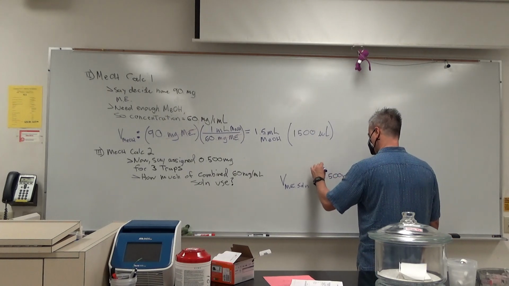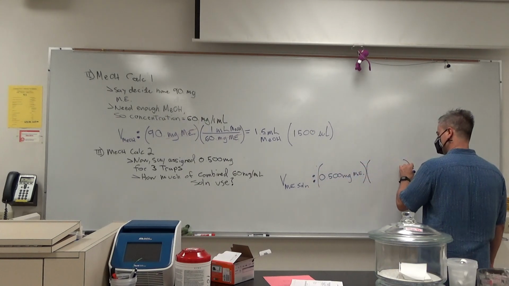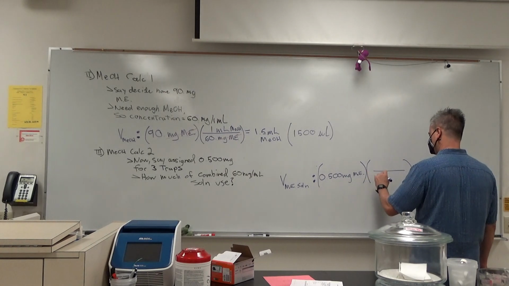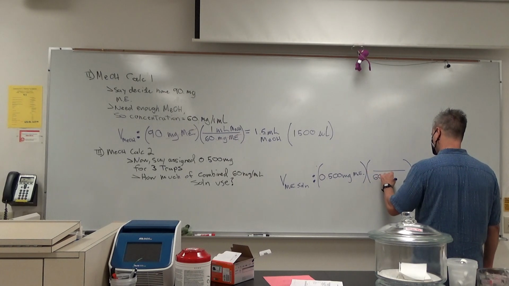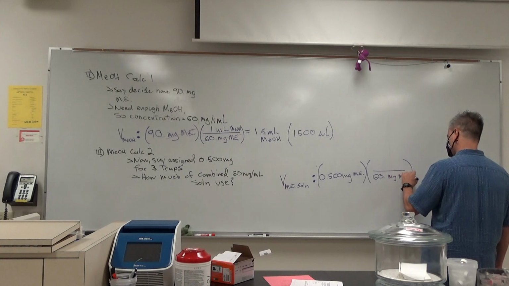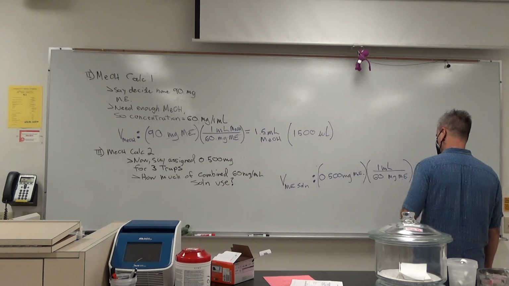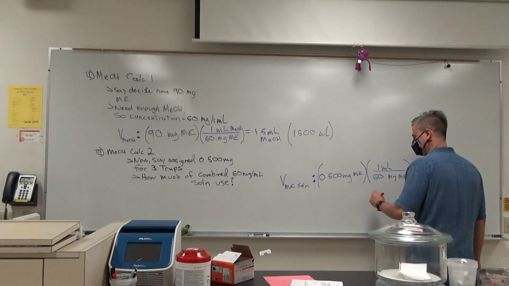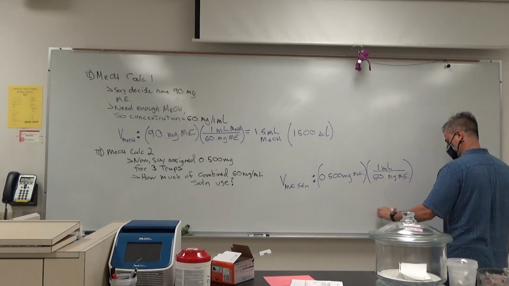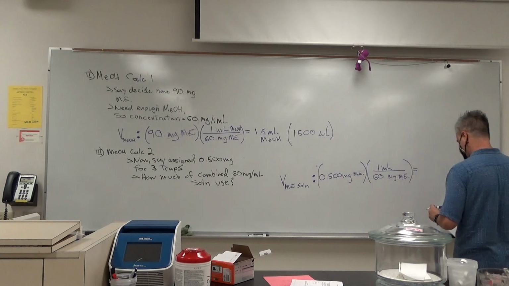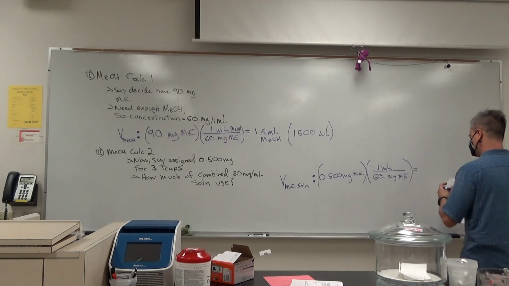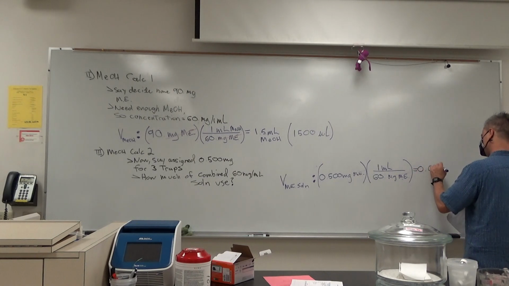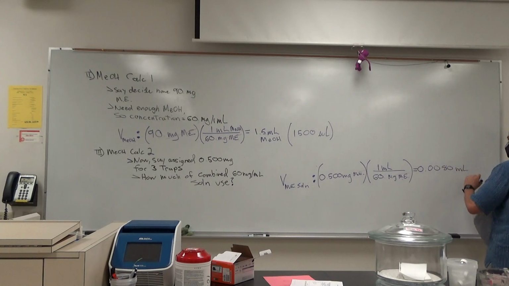And we know in our solution that we have 60 milligrams of ME for every 1 milliliter. Milligrams of ME, milligrams of ME. All right, that is going to spit out 0.0080, don't lose sig figs, milliliter.